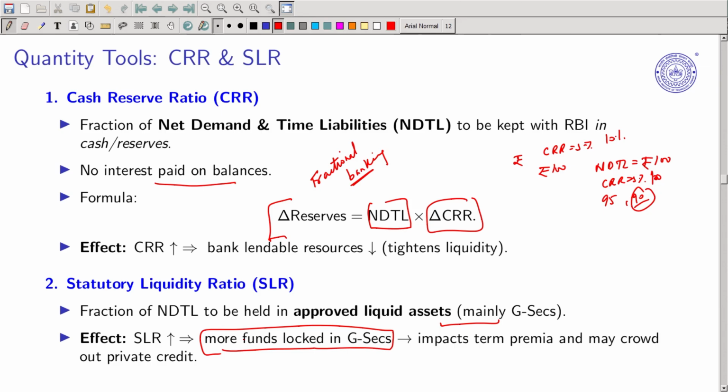One of the important aspects of why banks are allowed to invest in government securities is that it automatically becomes part of their statutory liquidity requirement, and this helps the banks in later periods to deal with any kind of liquidity shortage. But these are all money supply related tools. They all help RBI in controlling the money supply. This is what I want to say.